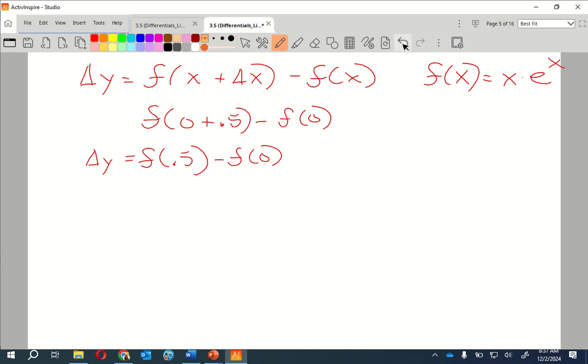F of 0, I put a 0 here, and anything times 0 is 0. And then I need to find f of 0.5. And that right there is going to be an approximation.